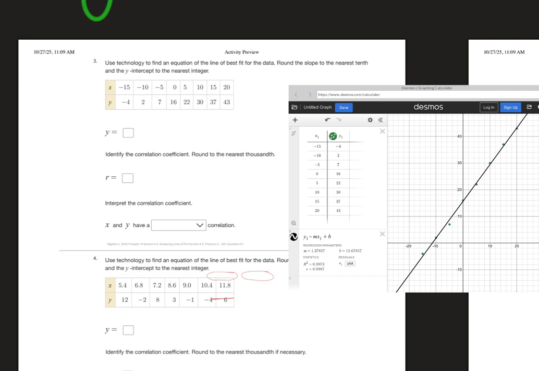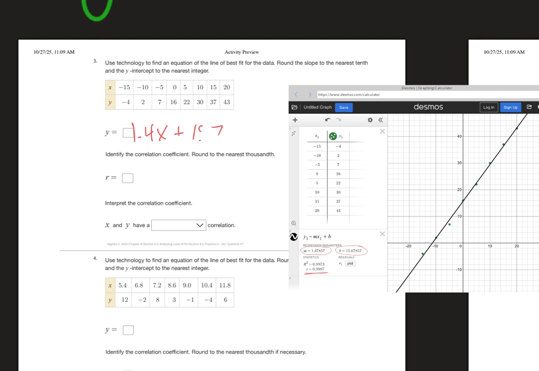Okay, so we are finding the equation, rounding the slope to the nearest tenth. So we have y equals 1.4x plus 15.7. Nope, just kidding, because it says the y-intercept to the nearest integer.